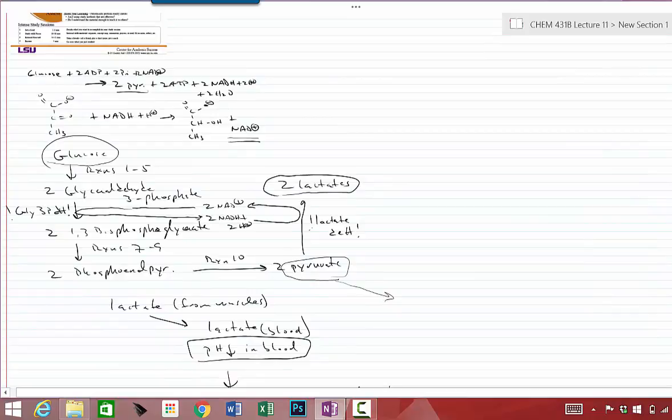Can anyone name the pathway? Glycolysis. Yes, glycolysis. I know you guys are thinking it's a trick answer, something that we haven't studied yet. No, it is glycolysis. So basically, this functioning yeast is doing the same thing here, except it's not making two lactates. It's making two ethanol molecules.